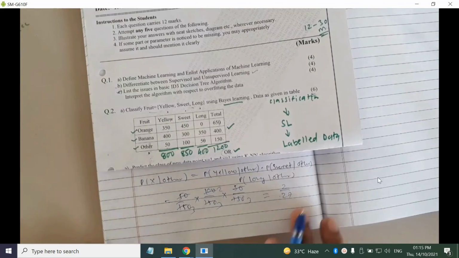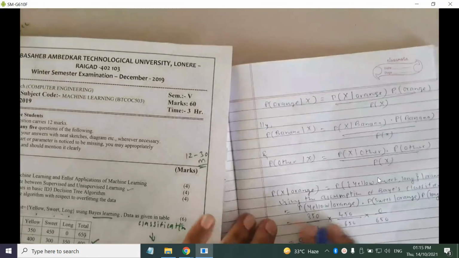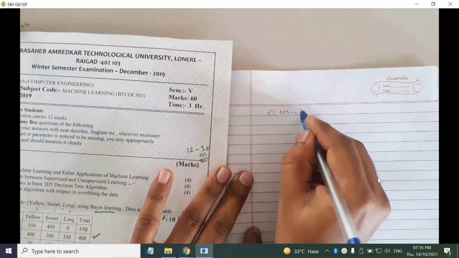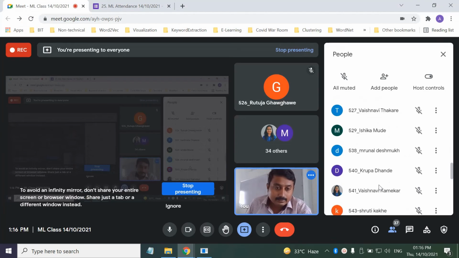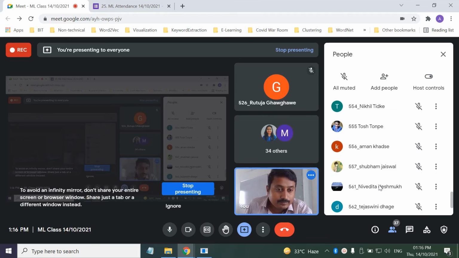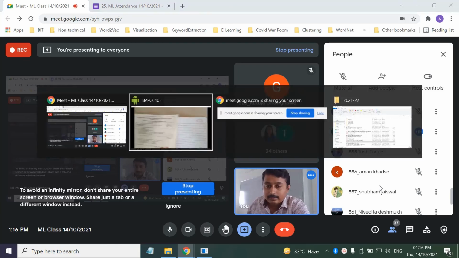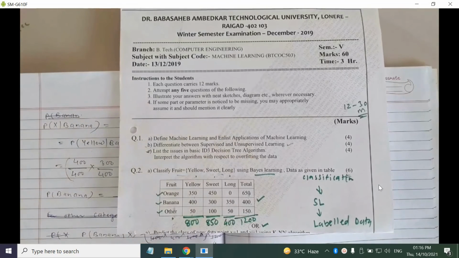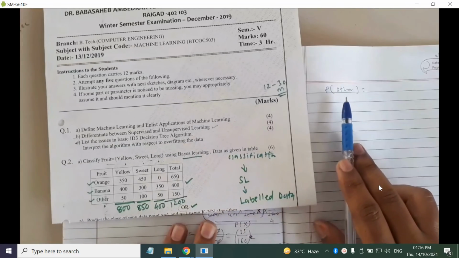So 2 by 27. Then similarly, probability of other, what do we need here? Other, right? Probability of other. Who will tell its value? Nikhil. Yes, sir. What is the probability of other? I want this value, probability of other.